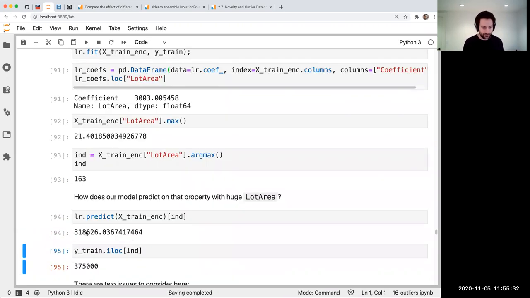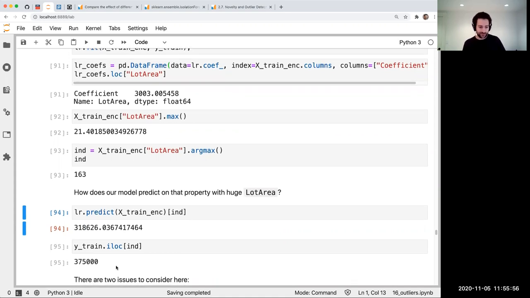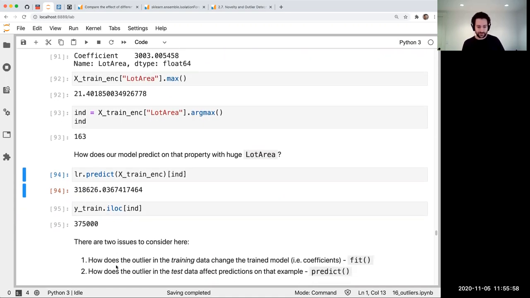Well, in this case, it actually does okay. So the true value was 375,000, and I predicted 318,000. So far, it's not doing anything devastatingly bad, at least on our lot with the big lot area. Although I guess it has 20% error. Not amazing, but it's okay.